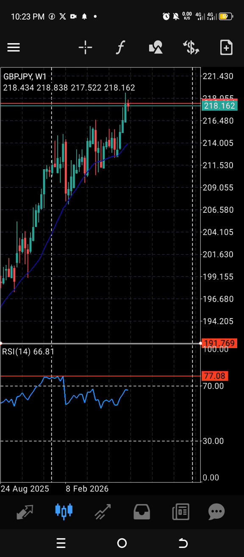Don't forget that divergence, like I always say, is a pullback strategy, but it's a very strong pullback. When the market is done with the pullback and you want to join the trend, a lot of you are asking me, how do I join the trend? How do I know when the market wants to continue the uptrend?